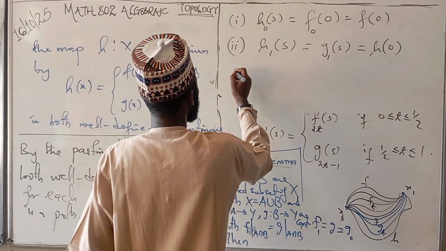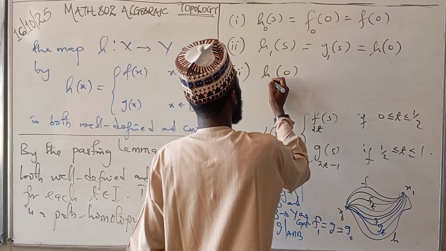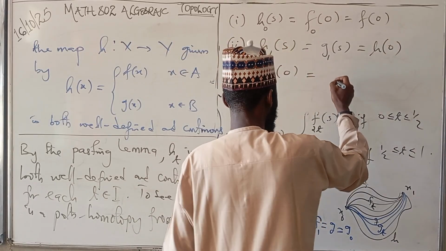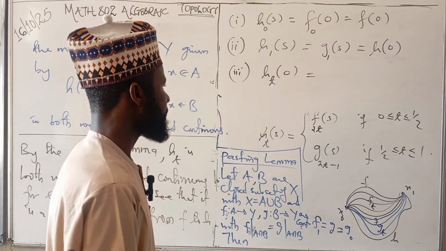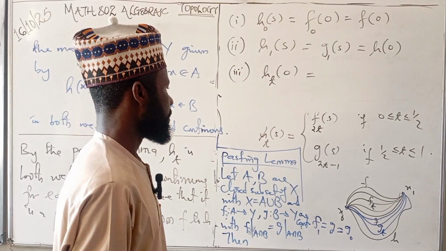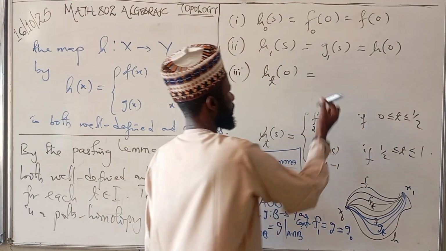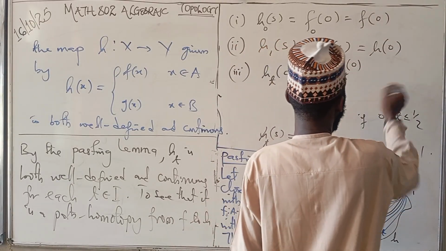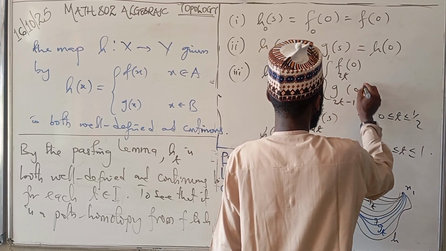So we must check that it is independent of the endpoint. So for all t, h_t of 0 is equal to what? Well, if t is in here, it's actually always f_2t of 0, or it is g_2t of 0.